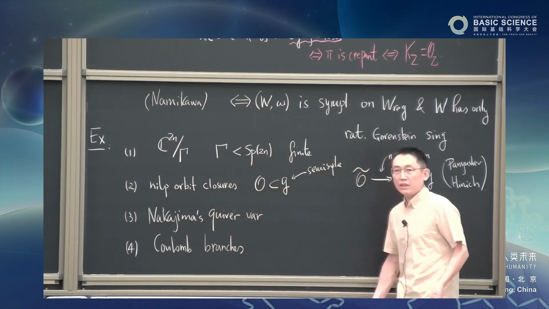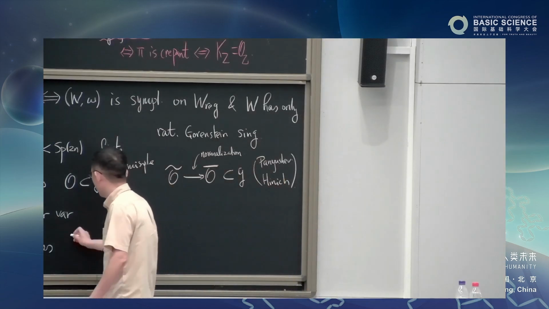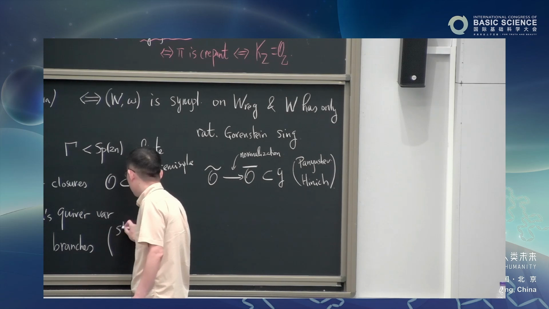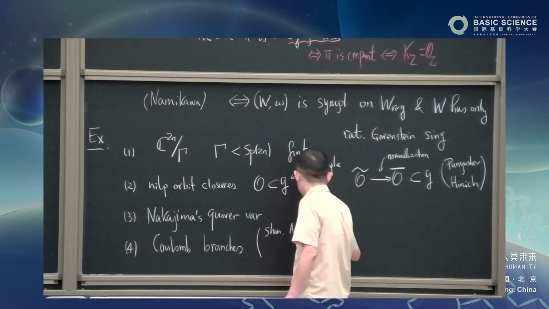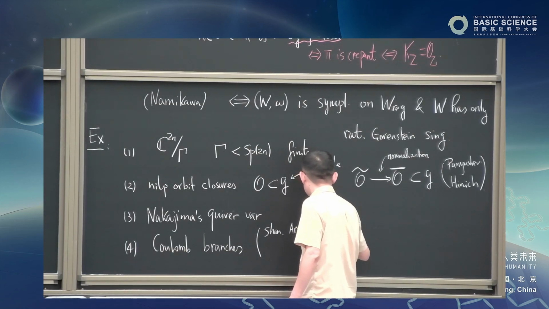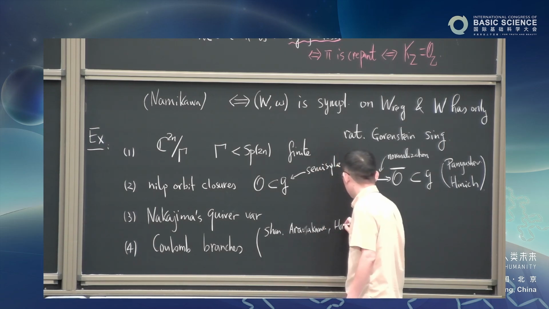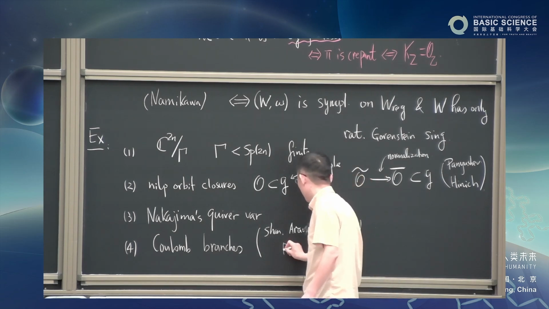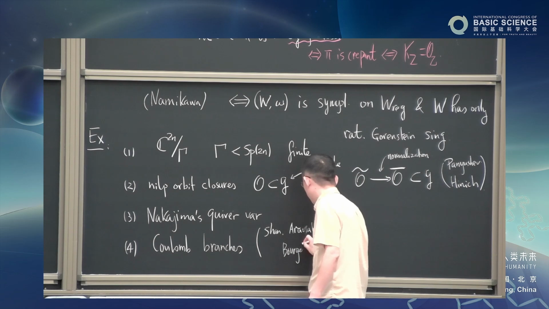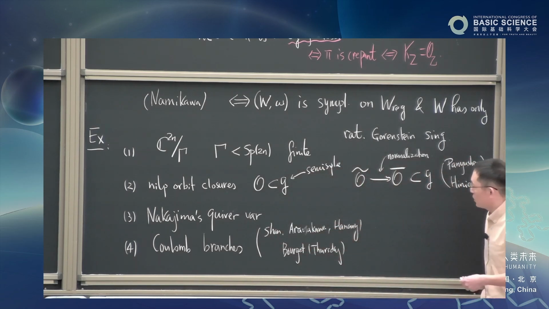Even in our conference, there have already been several talks on Coulomb branches, for example by Sampong last week and Arakawa, and also Hanani last week. And this week we have a talk by Antoine Bourget on this topic, on Thursday. So if you are interested in this, then you can go to this talk.